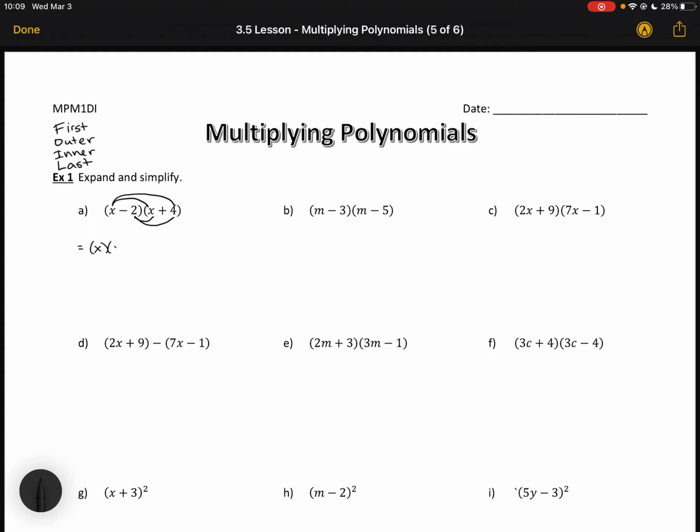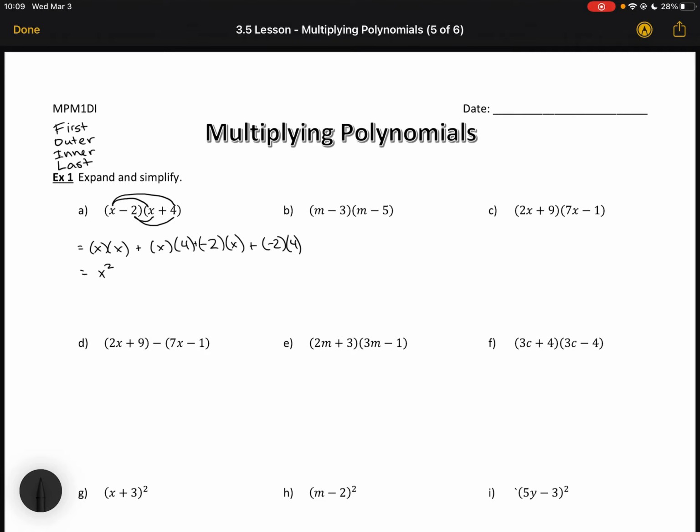So our first terms would be x times x. Our outer terms would be x times 4. Our inner terms would be minus 2 times x. And then we have our last terms, which would be minus 2 times 4.